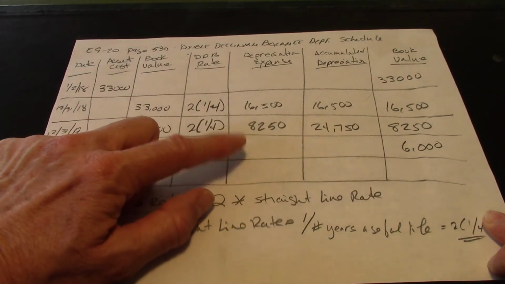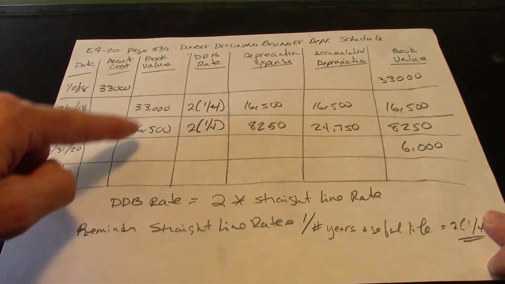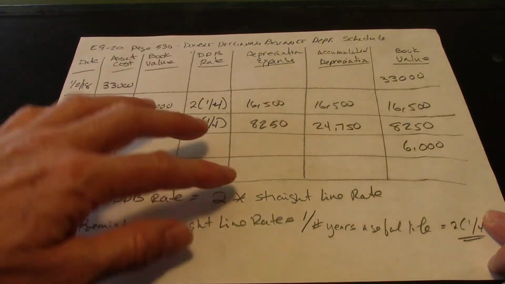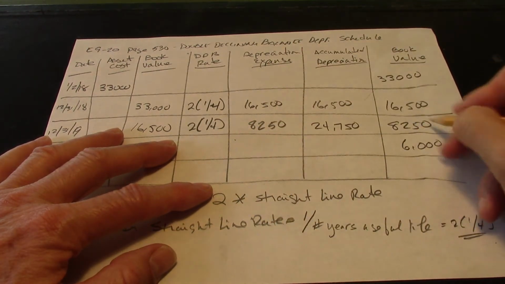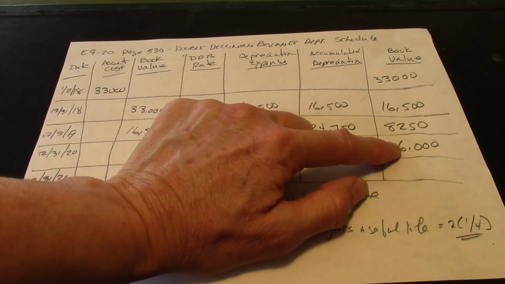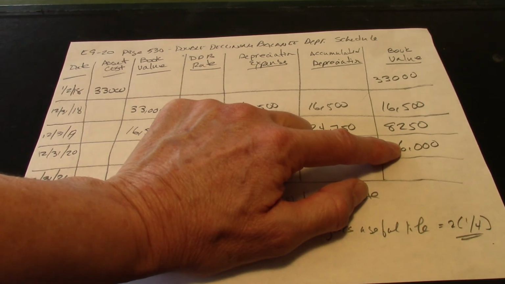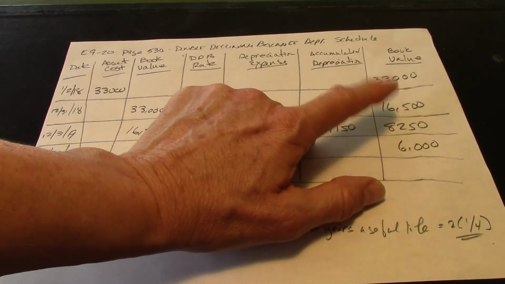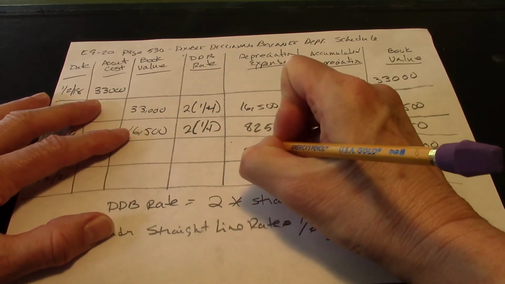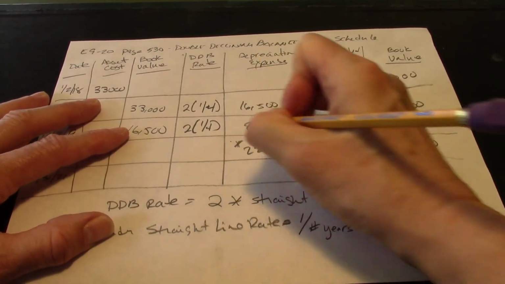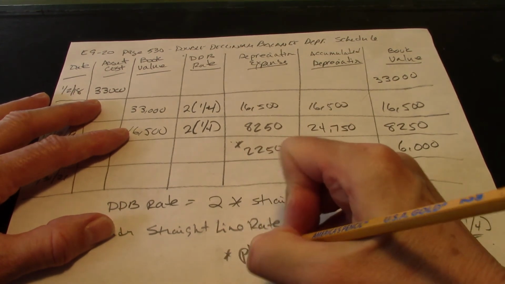So I can't go below the residual value. So what I have to do here is, instead of taking 8,250 times 1/2, I'd have to take whatever the difference is, whatever gets me to 6,000, right? So 8,250 minus 6,000 is equal to 2,250, right? We call that a plug.